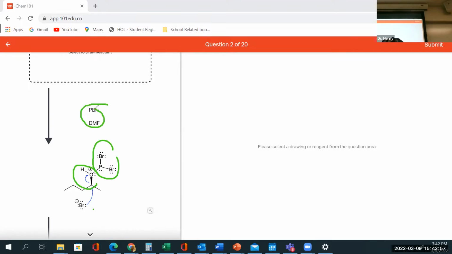So these are your reagents. You're using the PBr3 and the DMF to cause this reaction. If you started out with an alkane, where did the oxygen come from?